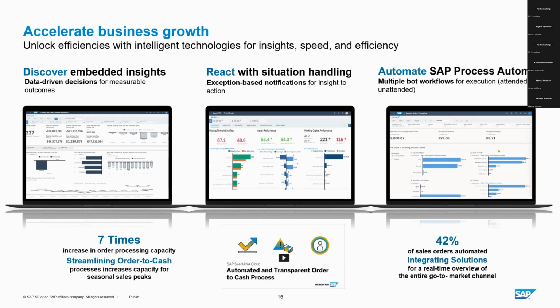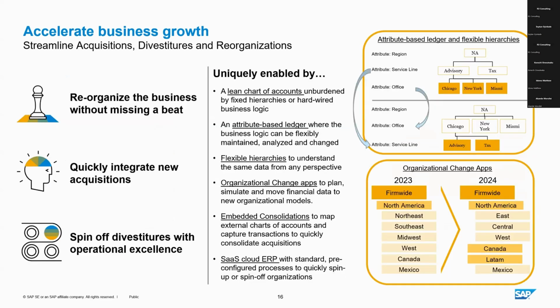Then also very important, for multinationals who have different business concerns and need to track and report by segments, by cost center, by subsidiaries, or even regional grouping, there's what we call attribute-based ledger and flexible hierarchies. You can customize, as you see on the slide here, and have your organization hierarchy represented. With an attribute-based ledger, the business logic can be flexibly maintained, analyzed, and changed.